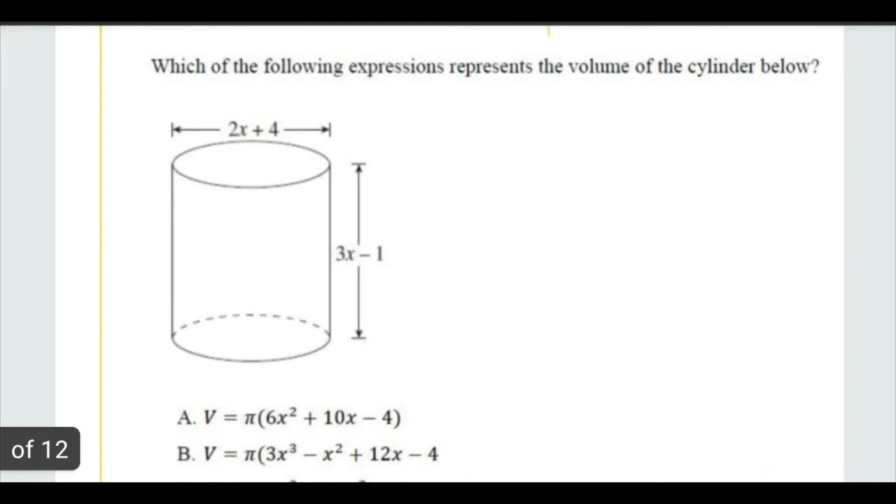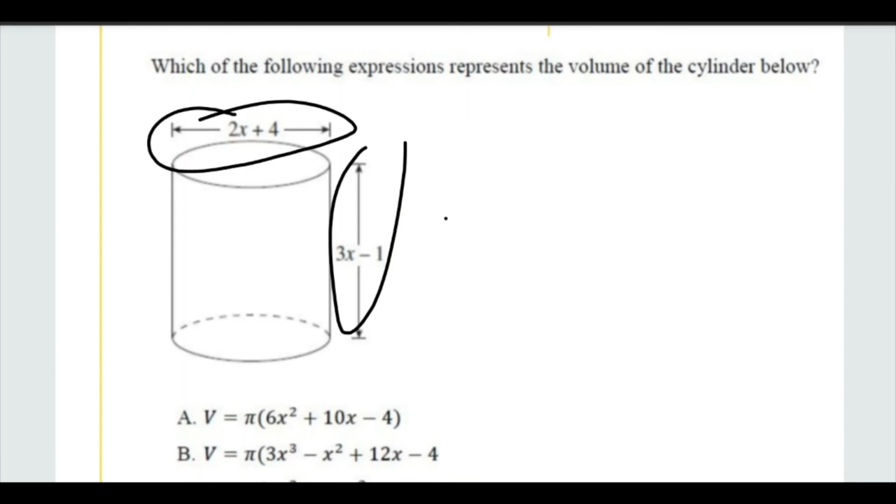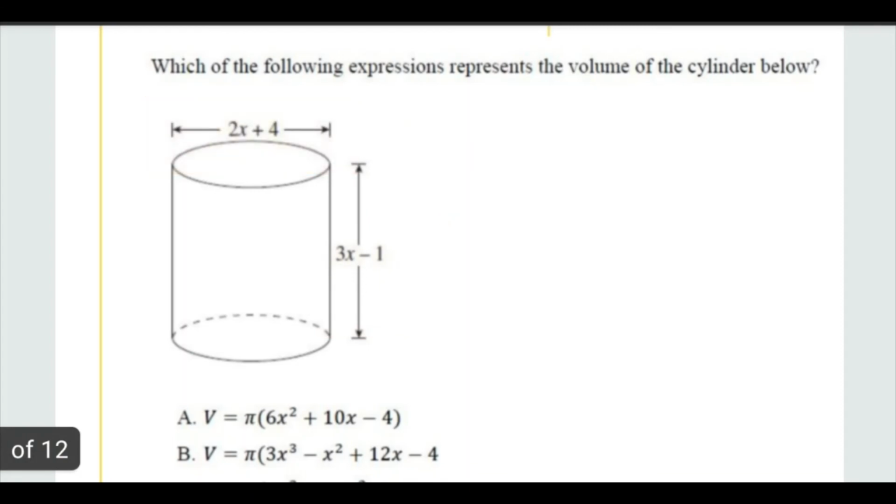Alright, so my favorite question here. Which of the following expressions represents the volume of the cylinder below? Alright, so we got the cylinder here. We got this here and this here. Those are the sides that we got to use.